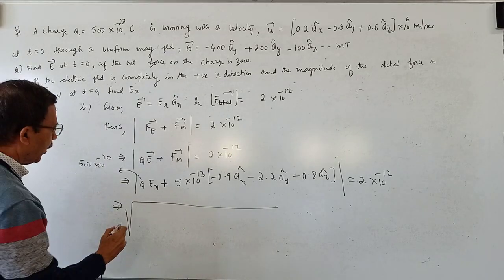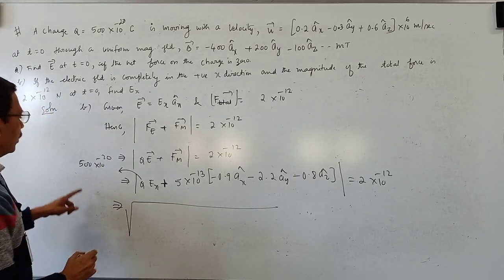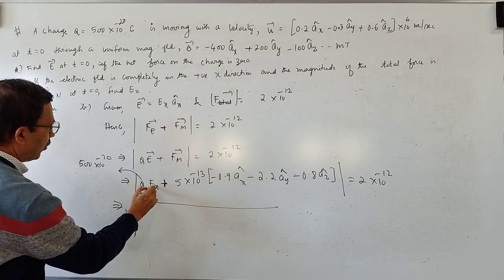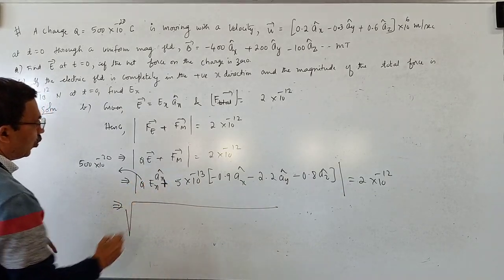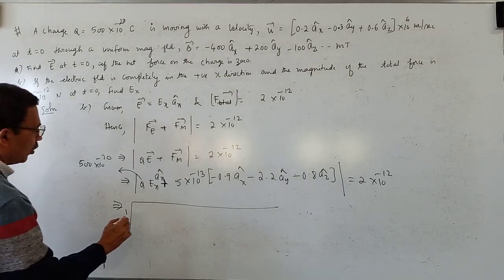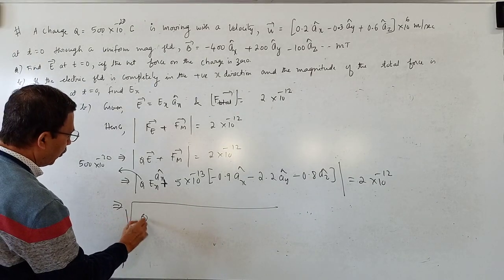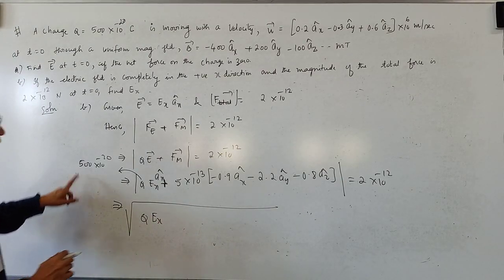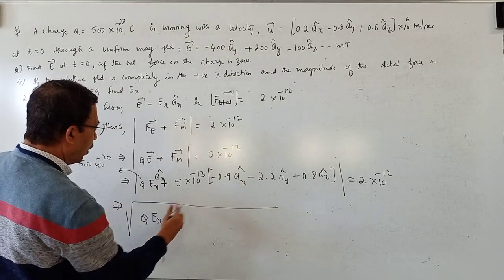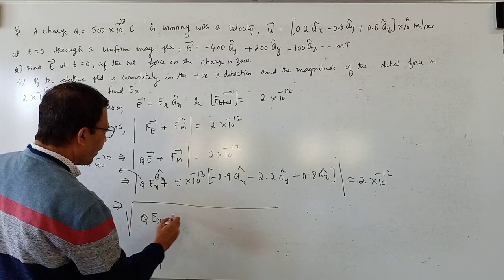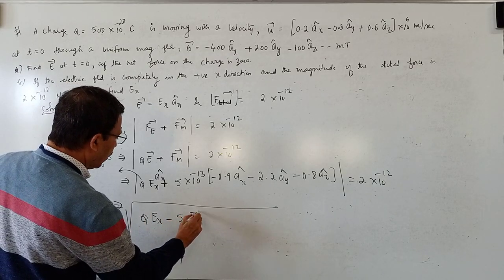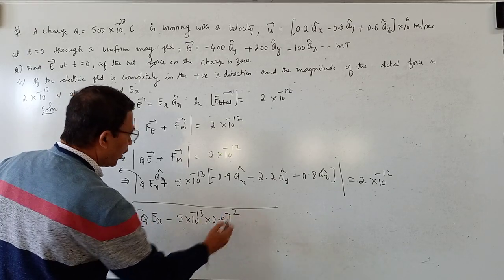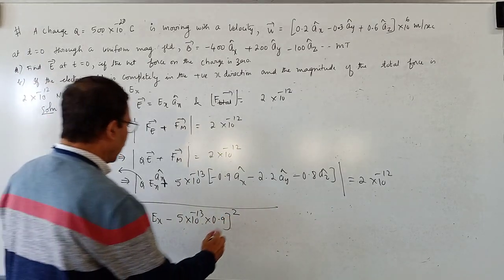What is coefficient of Ax cap? This is vector E is equal to Ex into Ax cap. Coefficient of Ax cap is Q into Ex, where Q is equal to 500 into 10 to the power minus 20. From here, what is the coefficient of Ax cap? Minus 5 into 10 to the power minus 13 into 0.9 squared. What is coefficient of Ay cap?